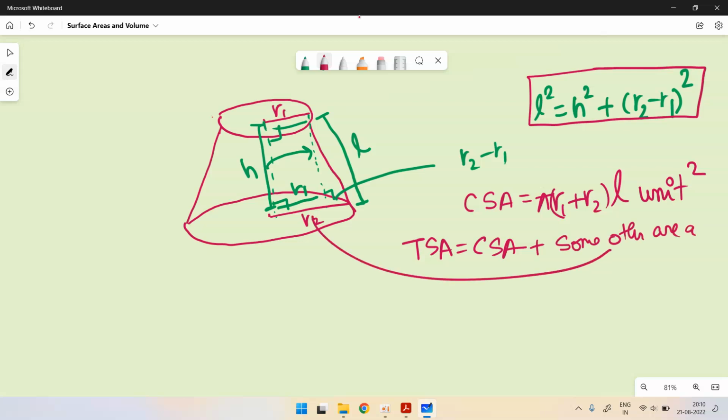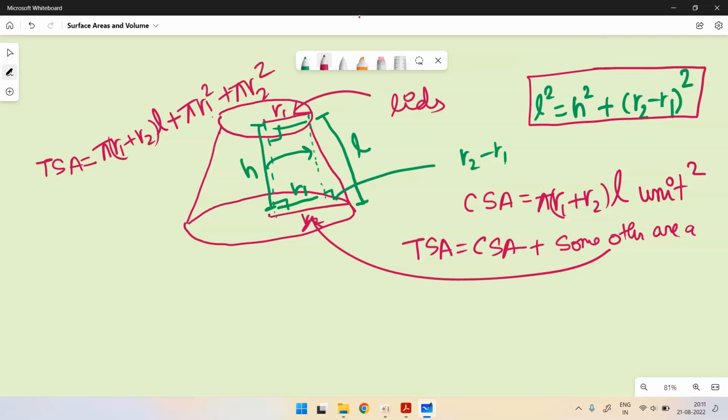What is the other area? Area of the two lids, the bases, which implies total surface area will be pi (R1 plus R2) L plus the area of this circle, pi R1 square, and the area of this circle, pi R2 square. This is the total surface area; imagine that both lids are closed. If one of the lids, suppose the one with R2, is open, then that base is not counted.